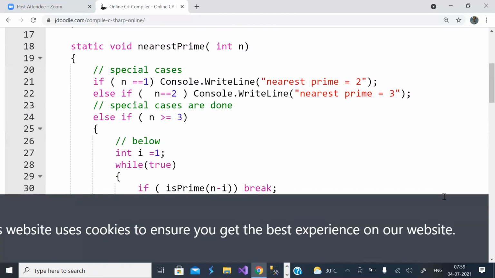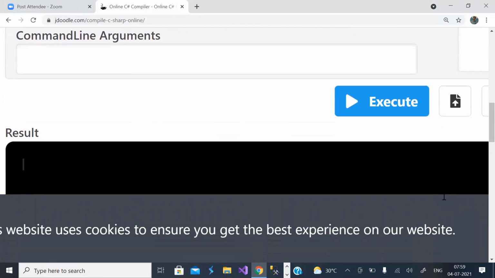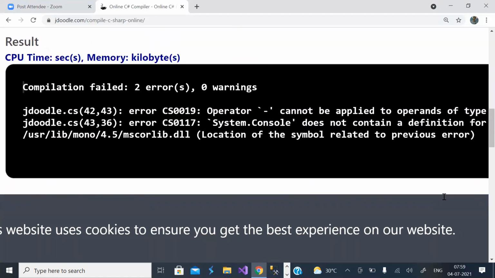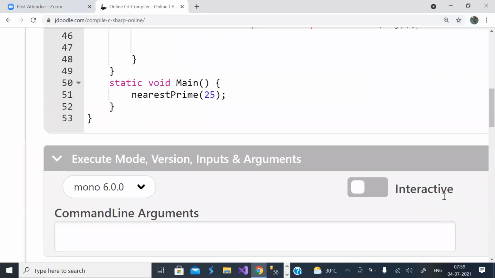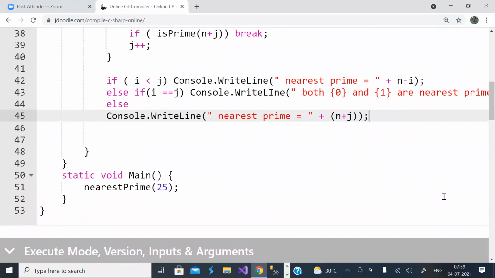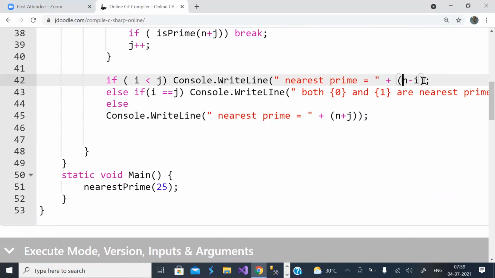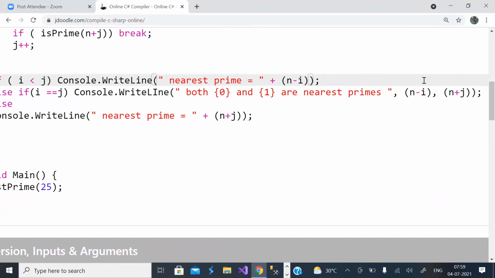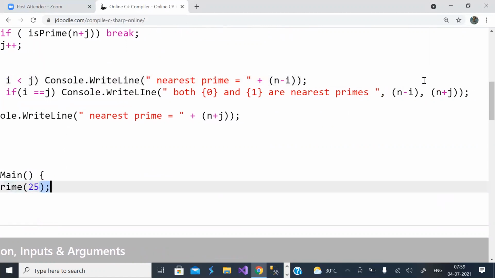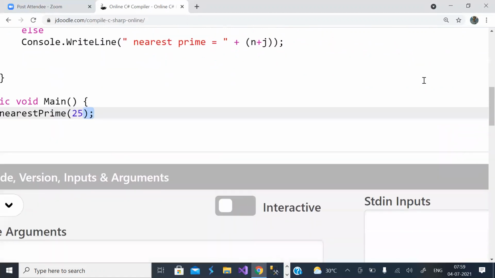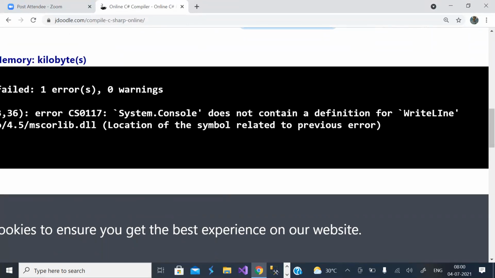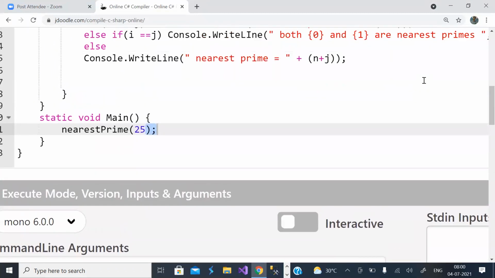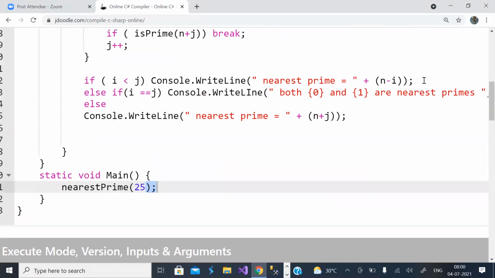It is not an IDE, so it will not show red lines for mistakes. This is the right line.